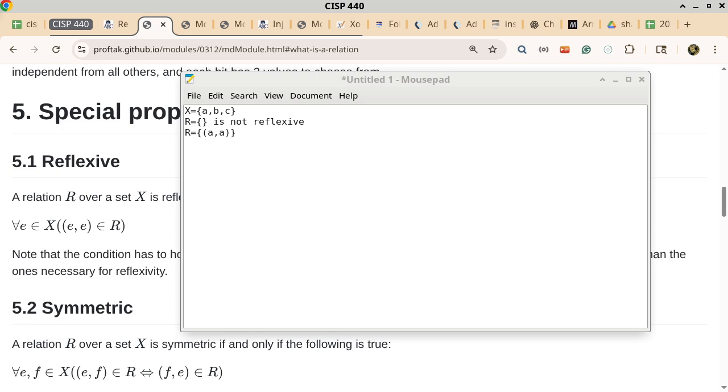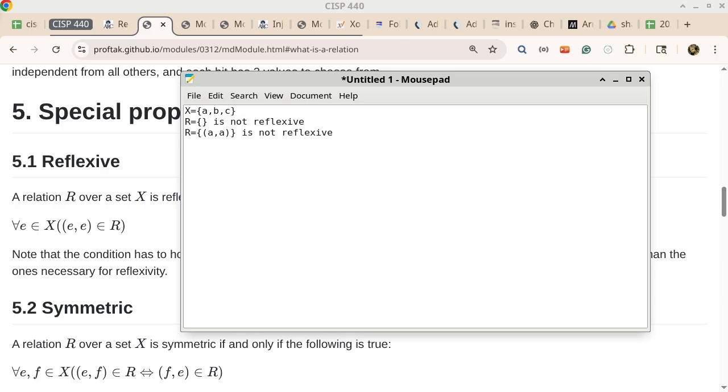So this is also not reflexive, based on how we define X. If we want to define something that is reflexive, I think we got it, right? We'll have AA, BB, and CC in it. This one is reflexive because obviously A relates to A and B relates to B and C relates to C. So when universally quantified, because this is the important part, this is still reflexive.